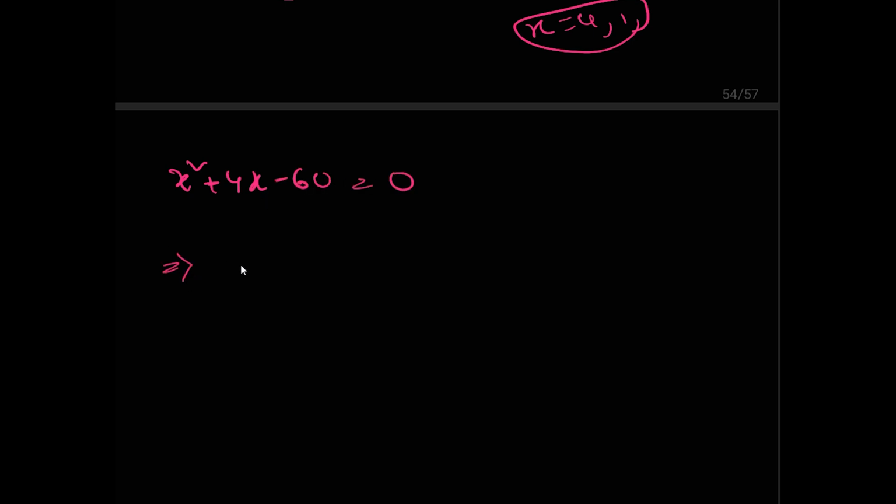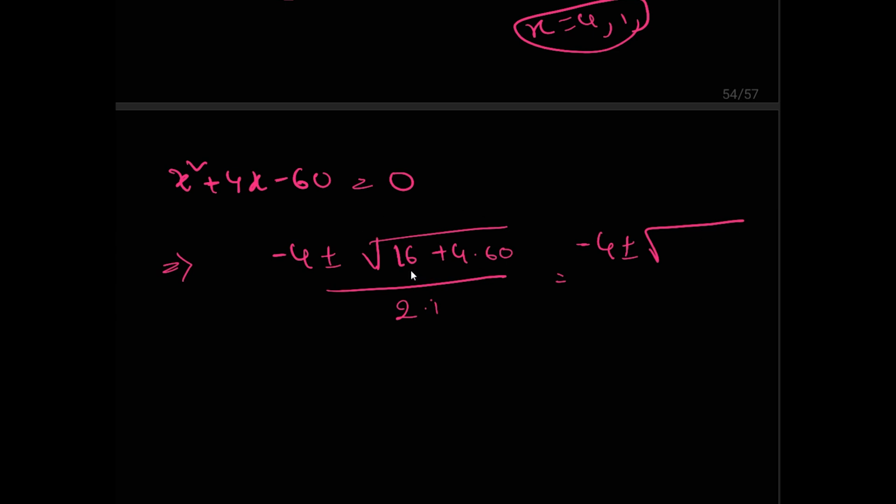That means the roots will be minus 4 plus or minus root over b square, 16 plus 4 times 60, by 2a into 1. That equals to minus 4 plus or minus root over 16 plus 240 by 2.